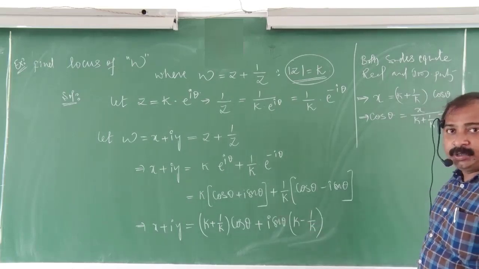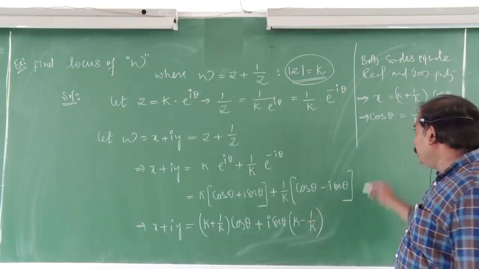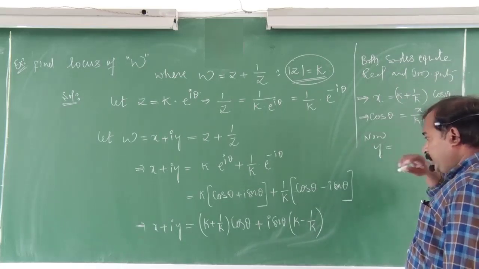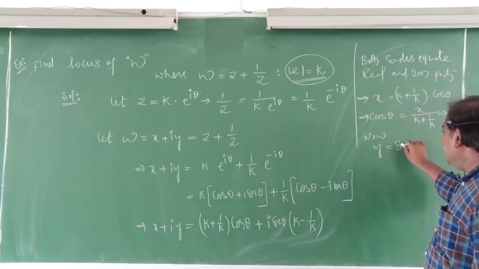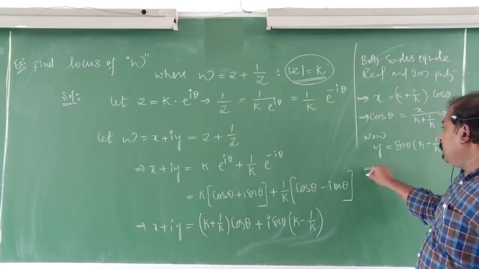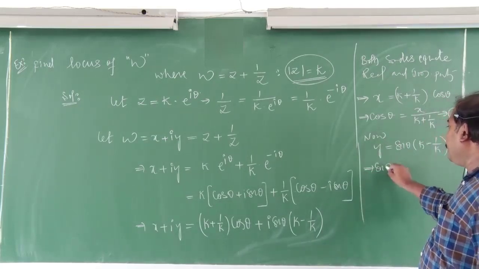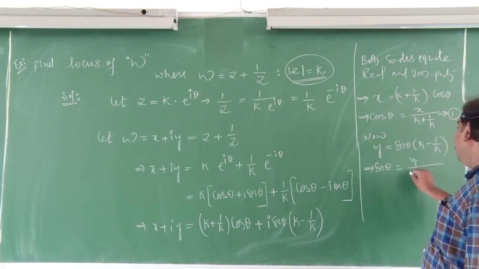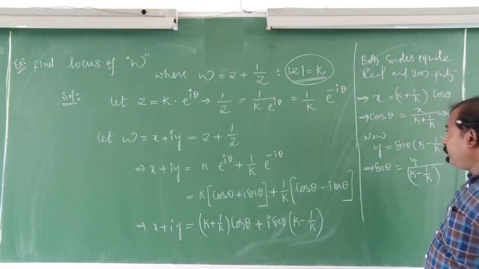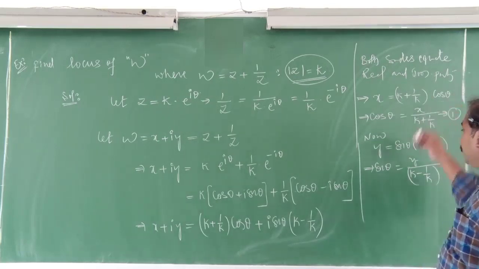Next, equating the imaginary parts, y is equal to sin theta into (k minus 1 by k). With this, sin theta equals y by (k minus 1 by k). What is the relation between sin and cos?